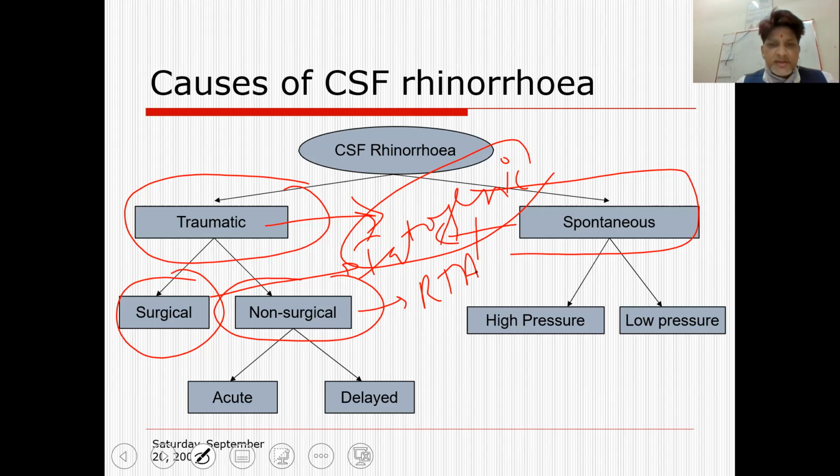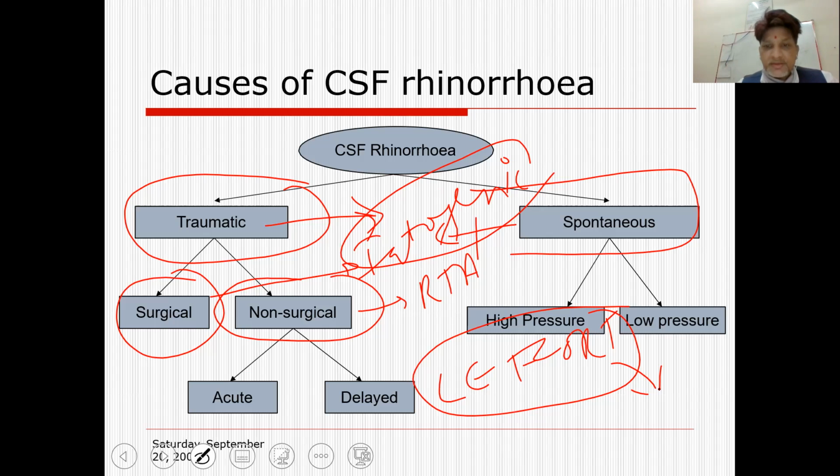In case of a road traffic accident, there are multiple fractures of the facial bones, particularly the ethmoidal complex, and apart from that, the Le Fort fractures also. Le Fort fractures are a classification of facial fractures, and they also involve the fracture of the ethmoidal, frontal and sphenoidal complex.